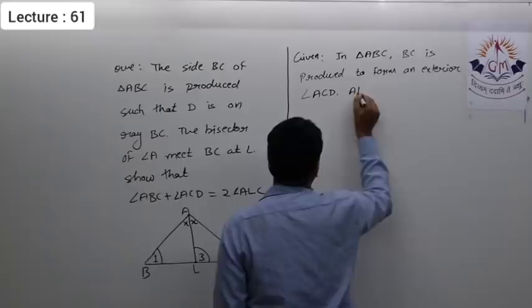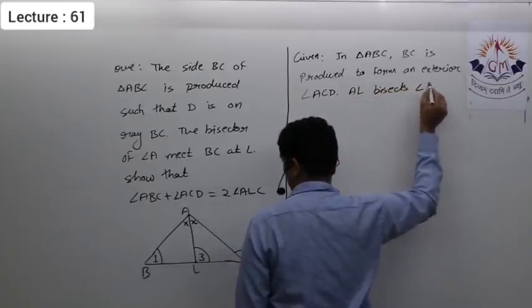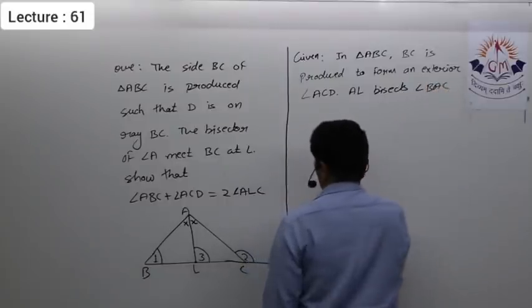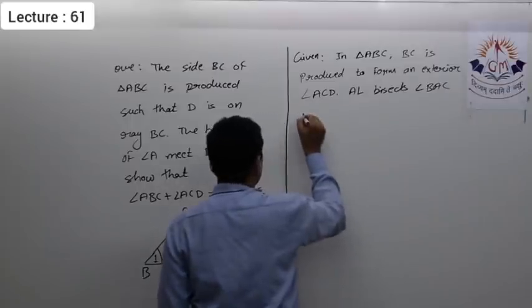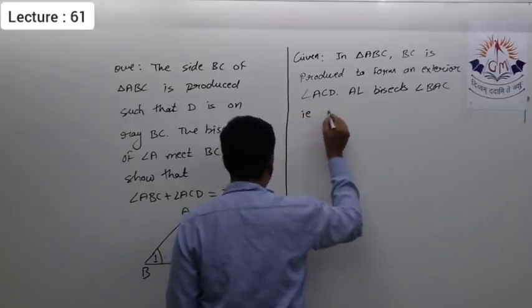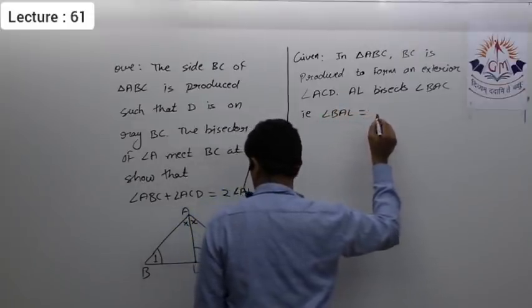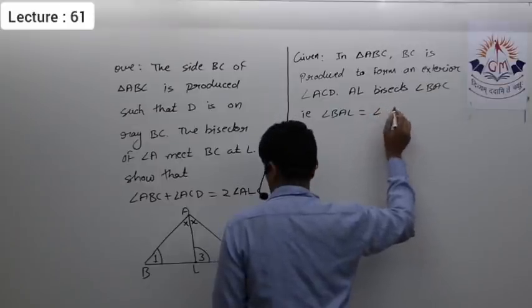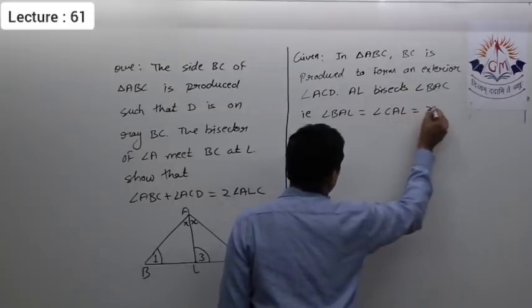Then AL bisects angle BAC. That is, I can say angle BAL is equal to angle CAL is equal to x.